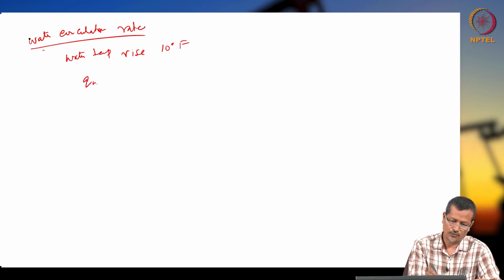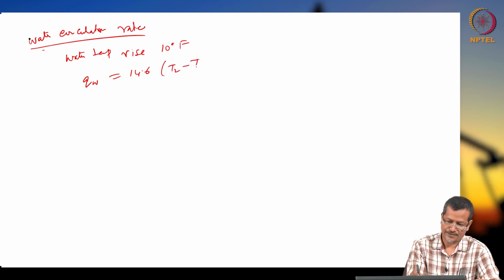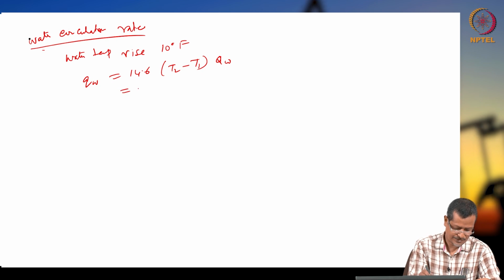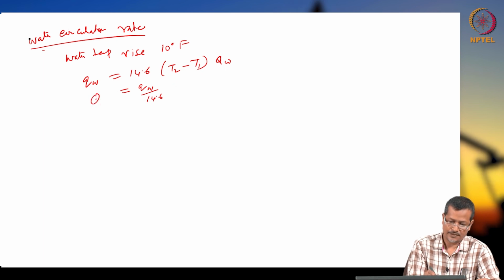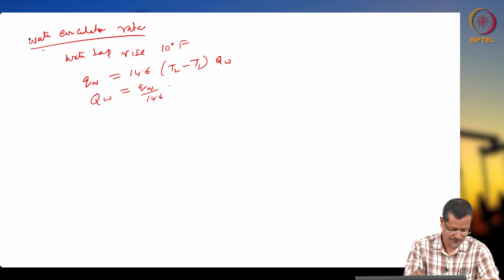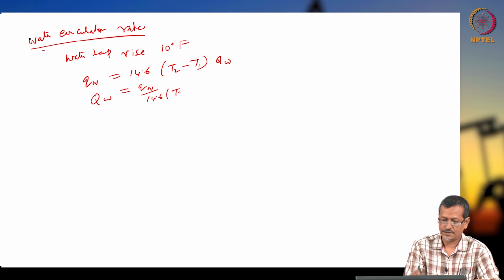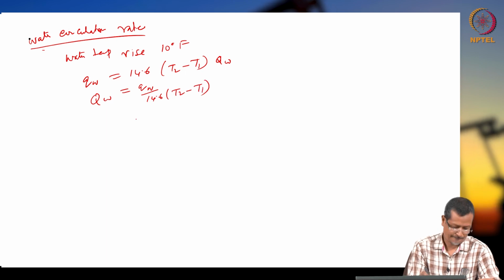Okay. So, Qw equals 14.6 times T2 minus T1 times the flow rate. So, the flow rate equals Qw by 14.6 (T2 minus T1).